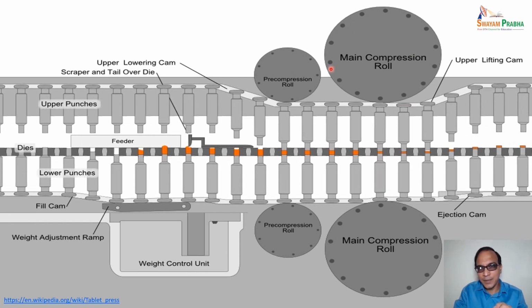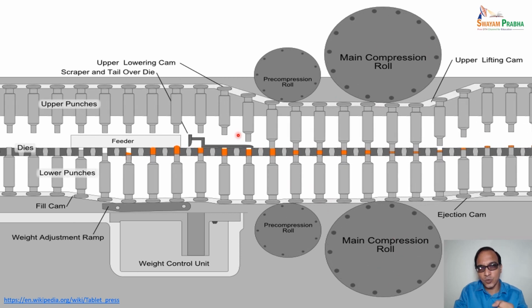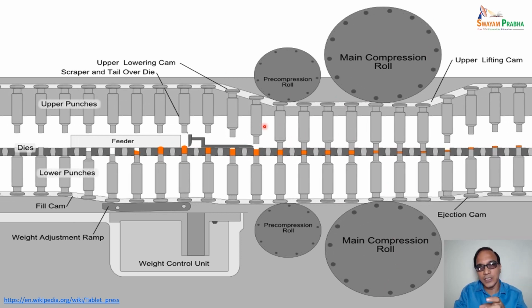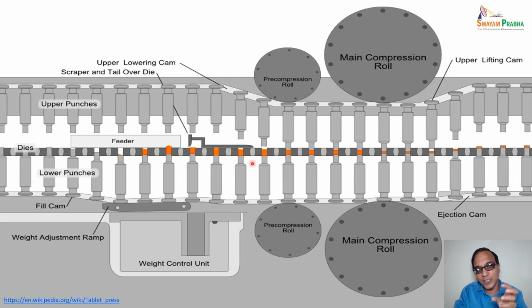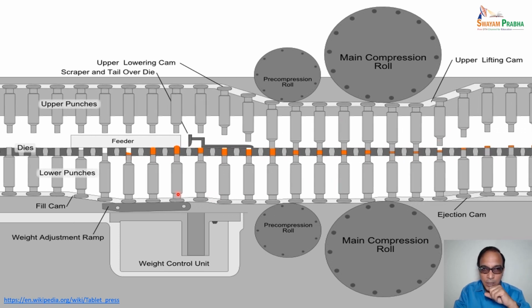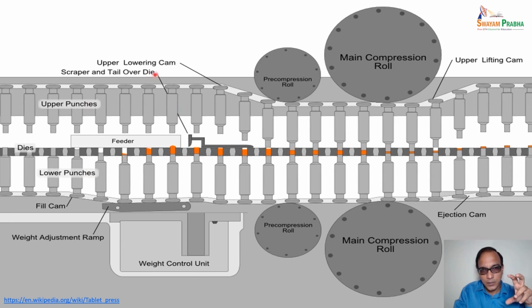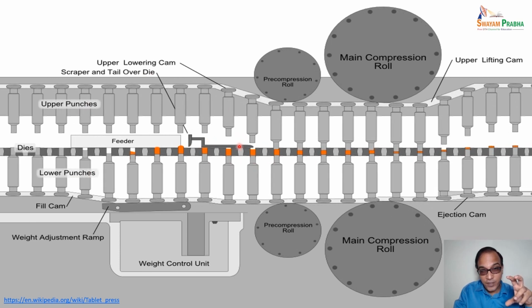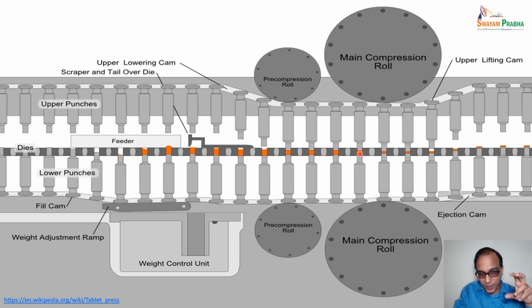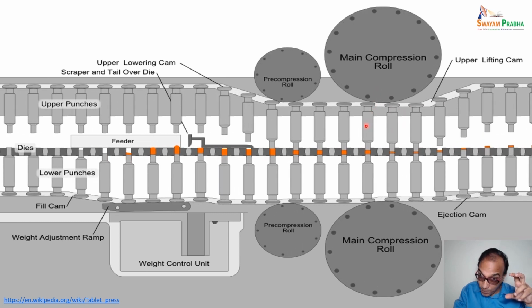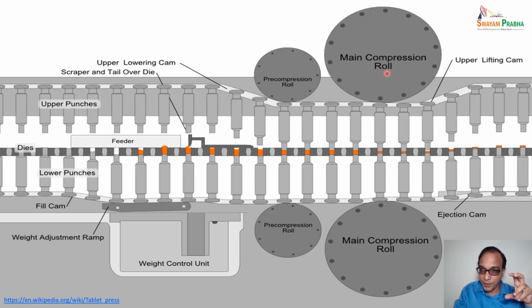Meanwhile the compression rolls are moving like this, so the entire assembly of punch and die is moving in this direction. When the die is filled, the compression force is given by the upper punch, by the main compression roll.